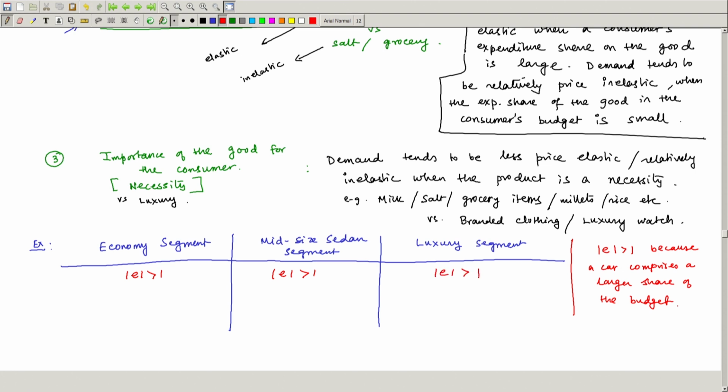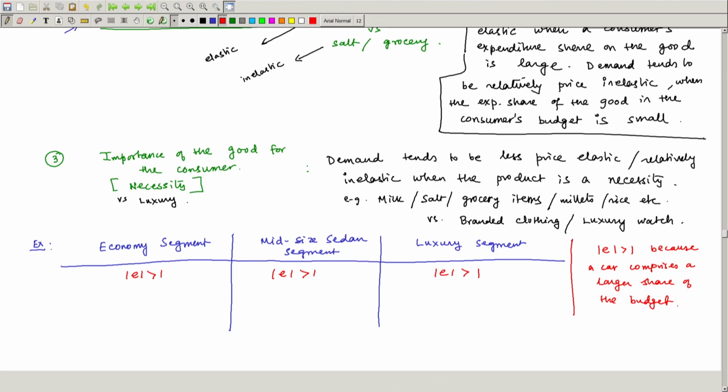right. But now, if I were to compare the values among these different segments, right. So, can I say, so for example, should the value of E for an economy sized segment car be larger than that for a mid-sized sedan segment, be larger than that for a luxury segment, right.